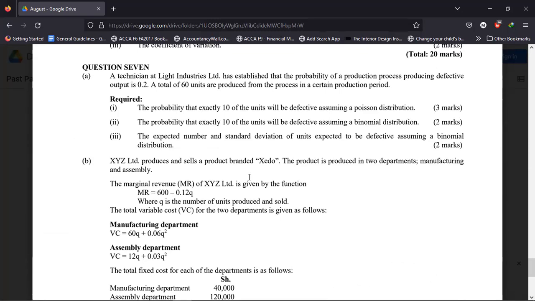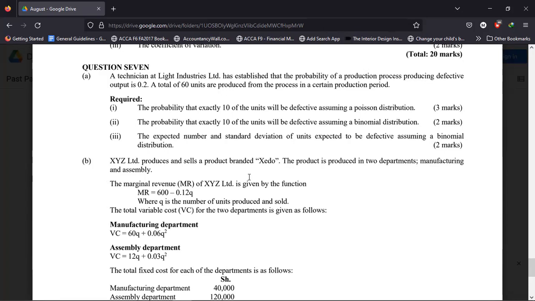A technician at Light Industry Limited has established that the probability of a production process producing defective output is 0.2. A total of 60 units are produced from the process in a certain production period.